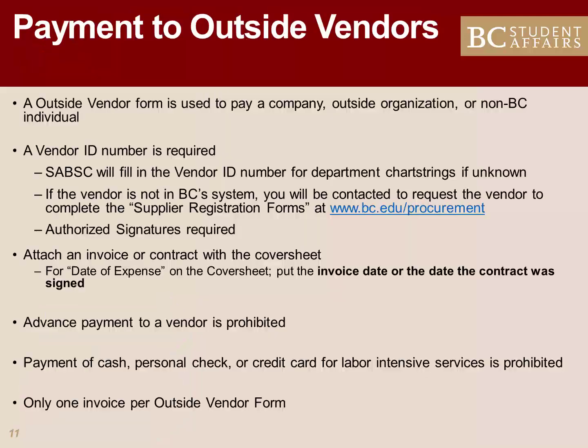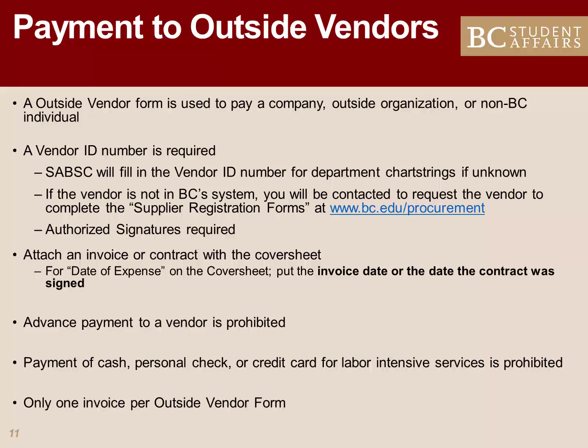Next, I will cover the process of making payments to an outside vendor. The outside vendor payment form should be used to pay an organization or non-BC individual outside of Boston College. In order to request a payment for an outside merchant, vendors that have never previously done business with BC must first complete a W-9 tax form in order to receive a BC vendor identification number.